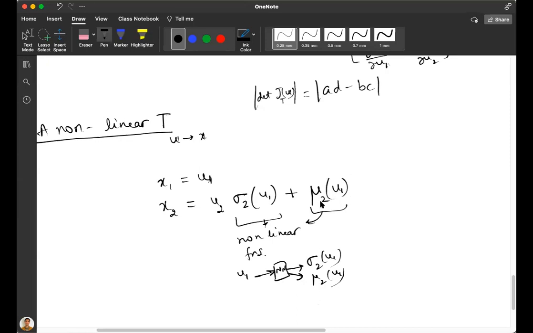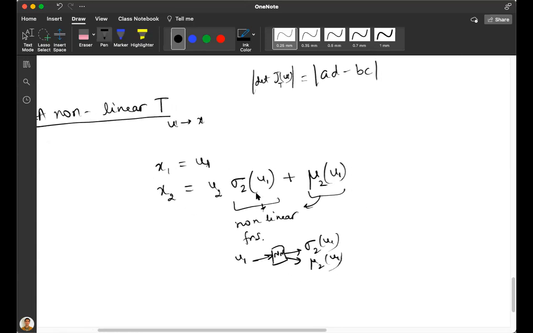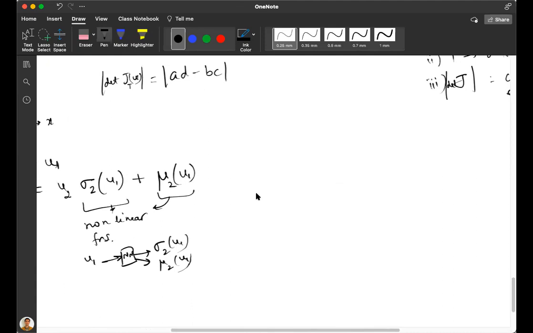This could be a neural network, and this could be any nonlinear mapping basically, right? So in this way, now this T is a nonlinear mapping operating upon X. Now let's see if it satisfies those properties.